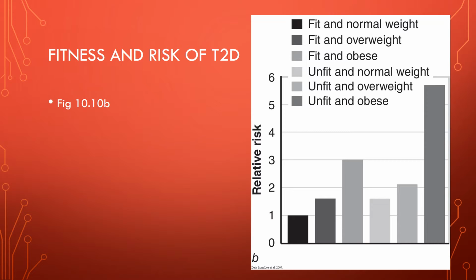Same trend as we've seen with other health outcomes. Being physically fit protects against type 2 diabetes. Yes, it's better to be normal weight, but it's also considerably better to be physically fit. So the worst group to be in is unfit and obese.